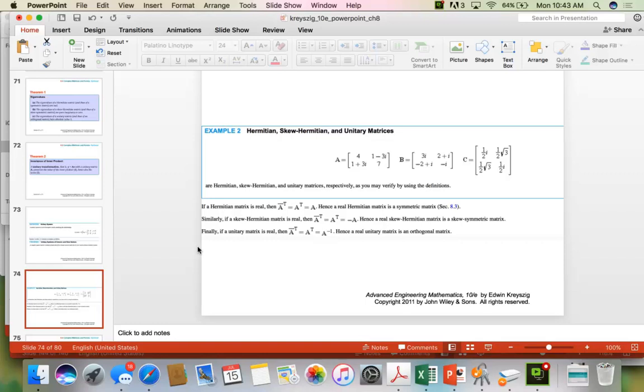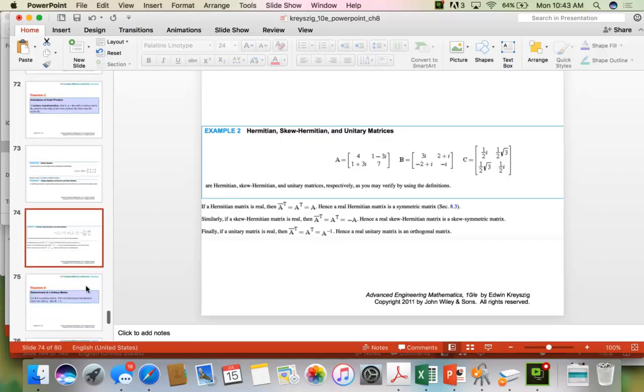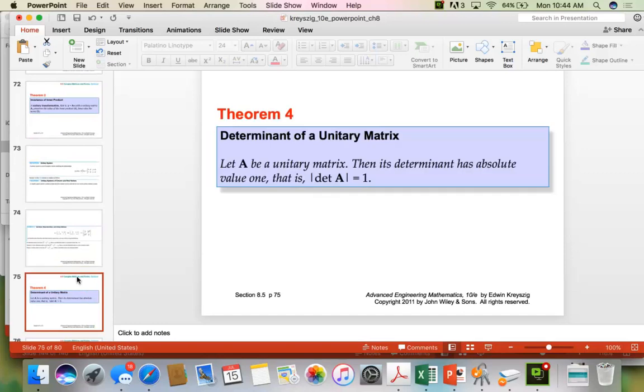Now, it's important to say, and I probably should have said this in the previous lecture, that not all complex matrices are Hermitian, skew-Hermitian, or unitary. So it's not like a given matrix has to fall into one of these categories. It can be completely none of the above. So that's an important point for me to make. The same is true with real number matrices.